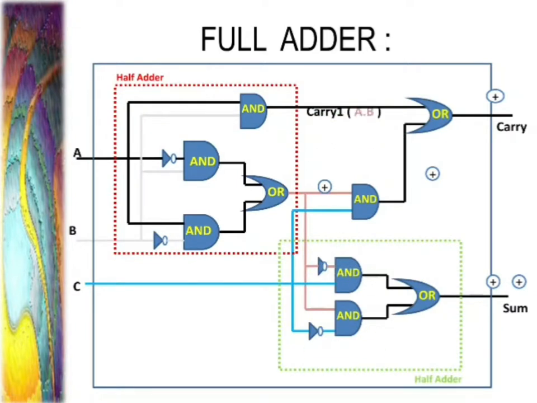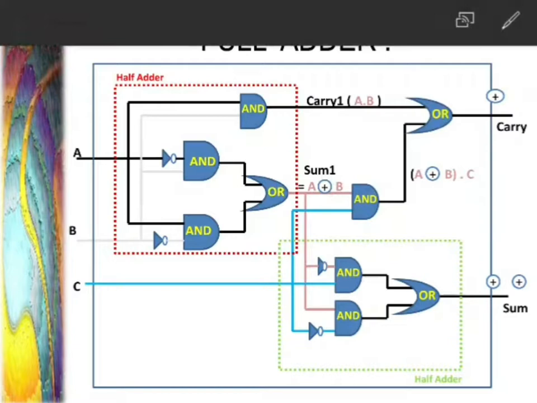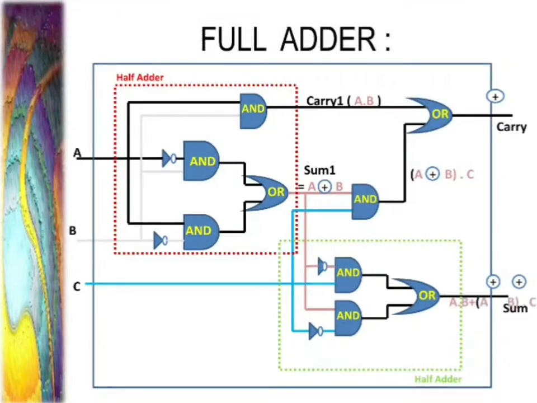We get a carry and a sum from the first half adder, and a carry from the second.